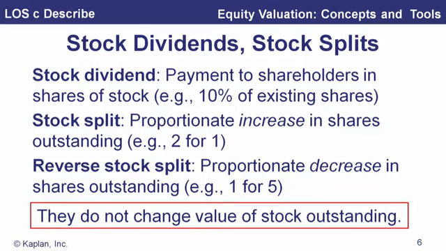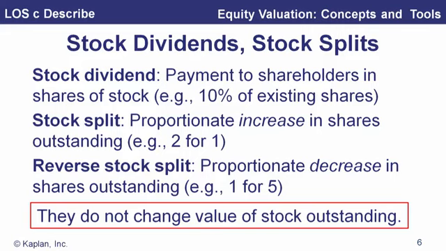Here our example, if we have a 2-for-1 stock split, if you have 100 shares, you'll get another 100, so that'll increase your holdings. A reverse stock split, on the other hand, reduces your number of shares that each investor holds. So with a reverse 1-for-5 stock split, your 100 old shares would turn into 20 new shares.